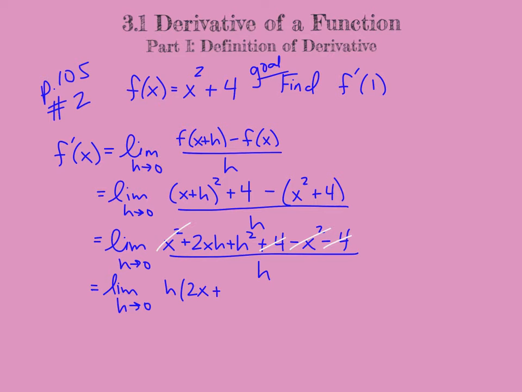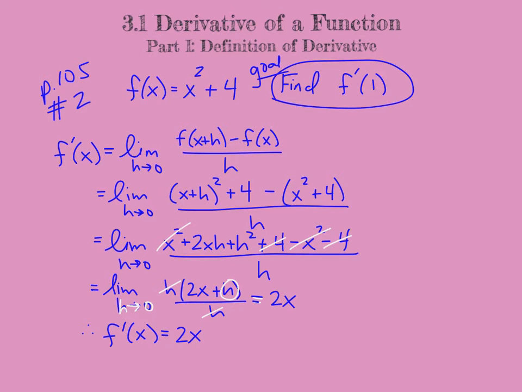So we're left with 2x plus h all over h. The h's end up canceling, and then we can use direct substitution and plug in 0 for h. So that gives us just a 2x remaining. So in conclusion, f prime of x is 2x. Now our goal was to find f prime of 1.